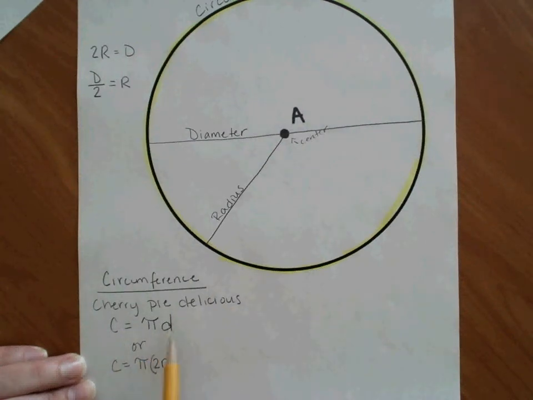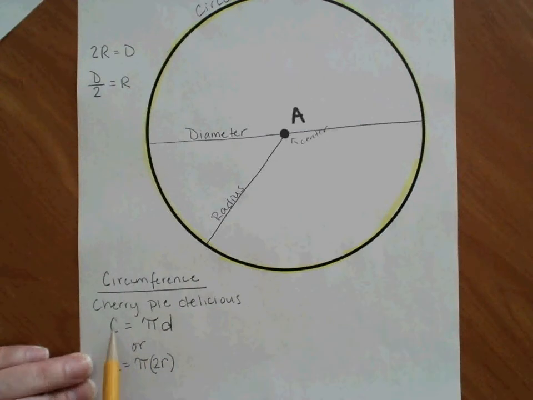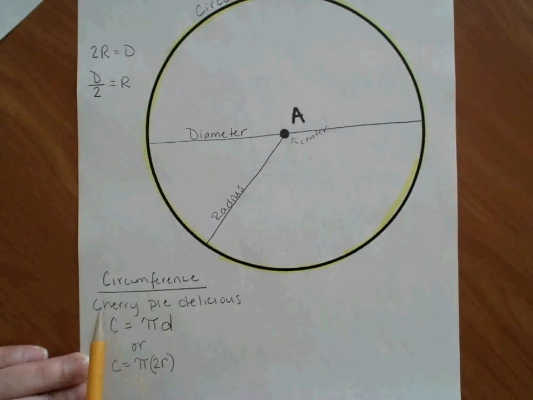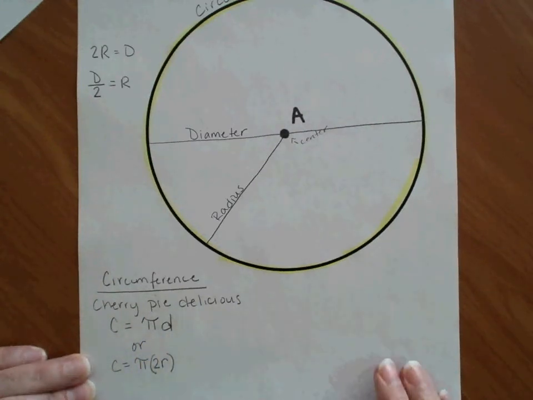I like to use pi times diameter, and if I'm given a radius, I just double it in my head. So cherry pie delicious is how I remember circumference equals pi times diameter: C for cherry, for circumference; pi, P-I is how we spell pi; and delicious, D for diameter.